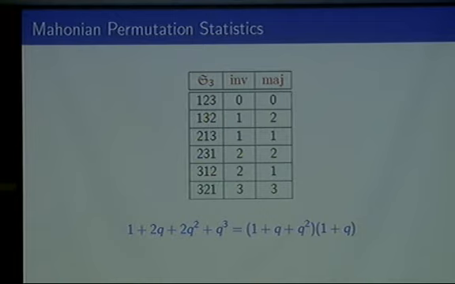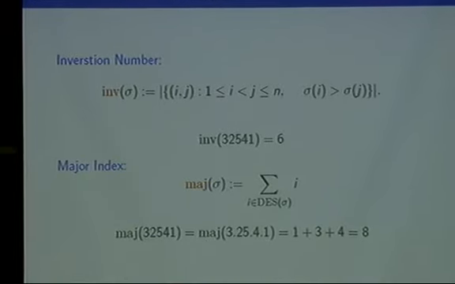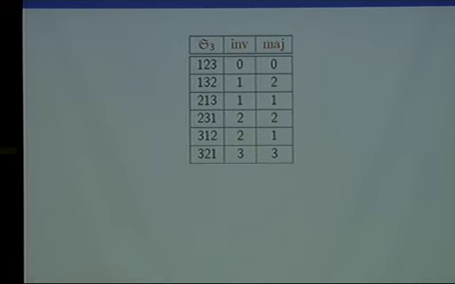They did the same thing everybody seems to do. Okay, so the major index is, you sum all the descent positions. So here are the descent positions, 1, 3, and 4. We sum them, we get 8. And the distribution of these two statistics is the same.